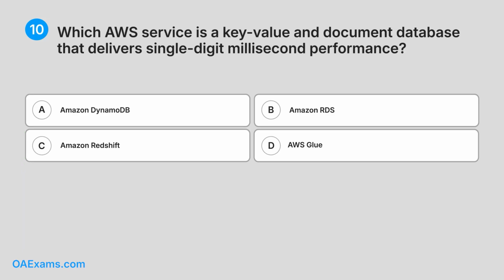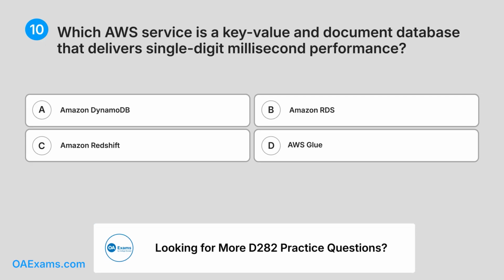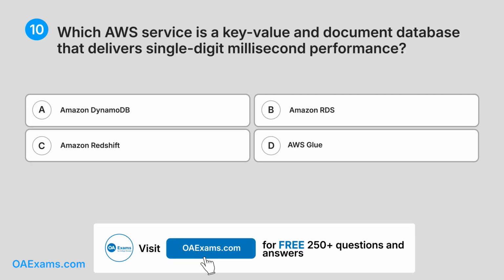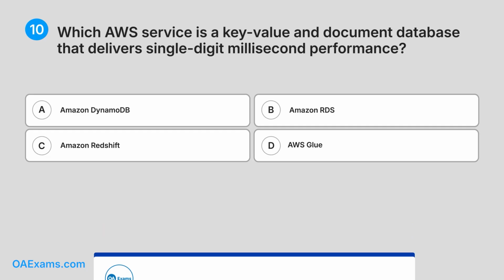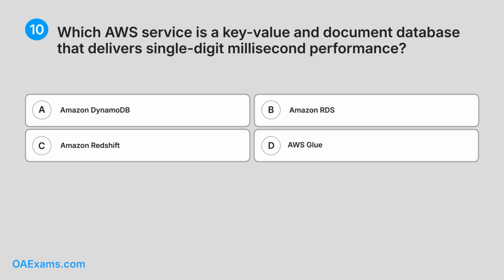10. Which AWS service is a key value and document database that delivers single-digit millisecond performance? A. Amazon DynamoDB. B. Amazon RDS. C. Amazon Redshift. D. AWS Glue. Can you guess the answer?